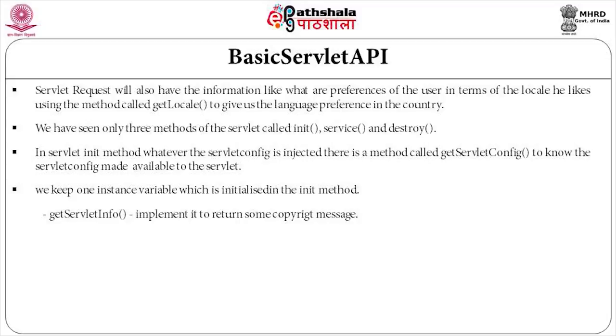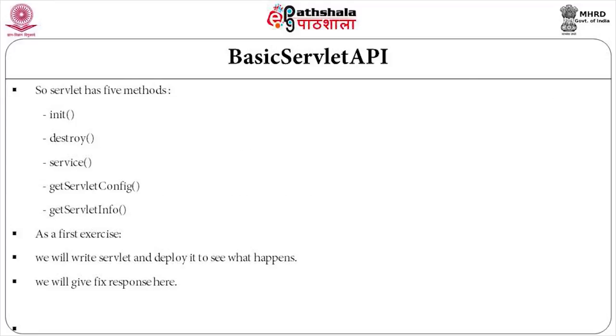What we have seen, servlet config has 4 methods: get servlet context, get init parameter names, get init parameter, get servlet name. Servlet has 5 methods, 3 of those were the lifecycle methods: init method with servlet config as parameter, service method with servlet request and servlet response as parameters, and destroy method without any parameter.